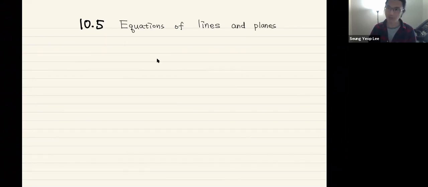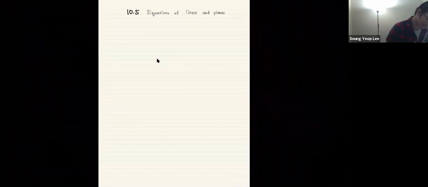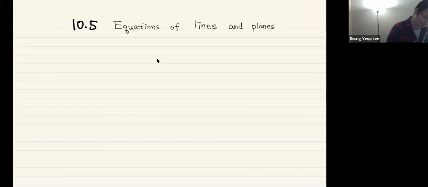But in 3 dimensions, there are many planes. A plane is a subset of the whole space, right? You can have a tilted plane, horizontal plane, vertical plane. So there must be some equation that describes the plane. It's all about 3D.